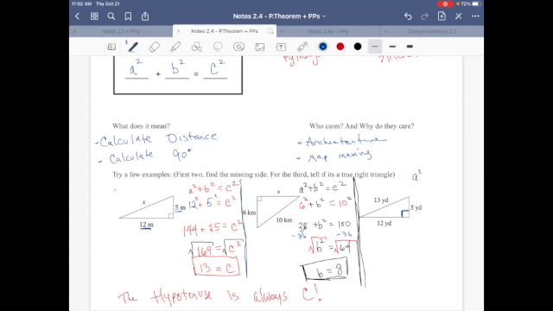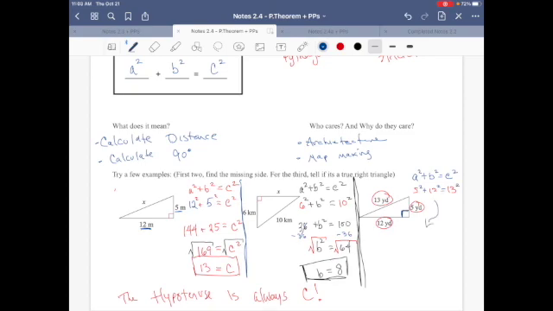We're going to start off with A squared plus B squared equals C squared, and I'm going to plug in what we know. One of the legs is 5, the other leg is 12, and the hypotenuse is 13.